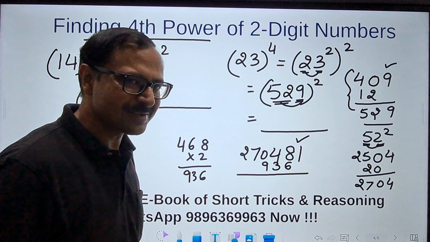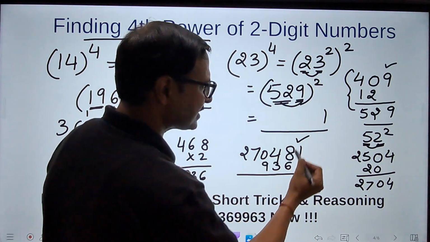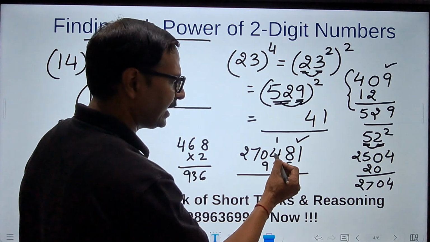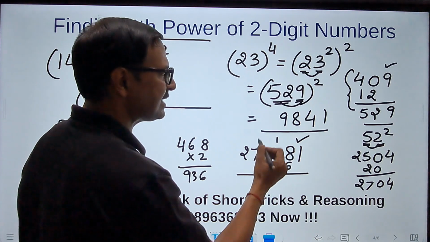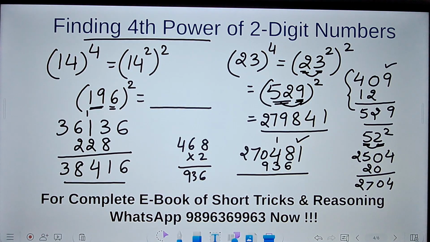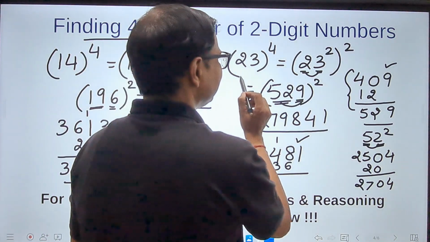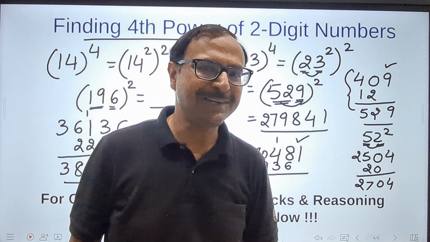So here is the magic now. 1, 8 plus 6 14, 4, 1 carry, this is 8, then this is 9, and 27 remains as it is, and now 279841 is the square of 529, which is the fourth power of 23.